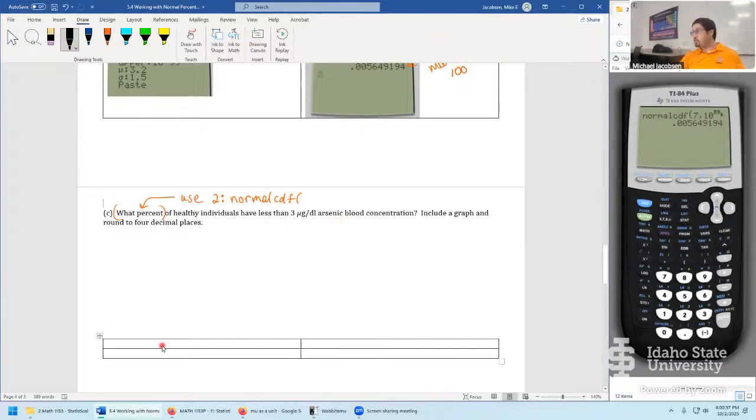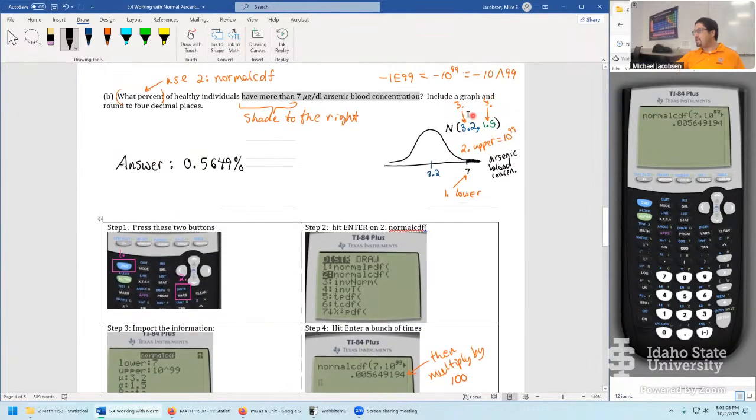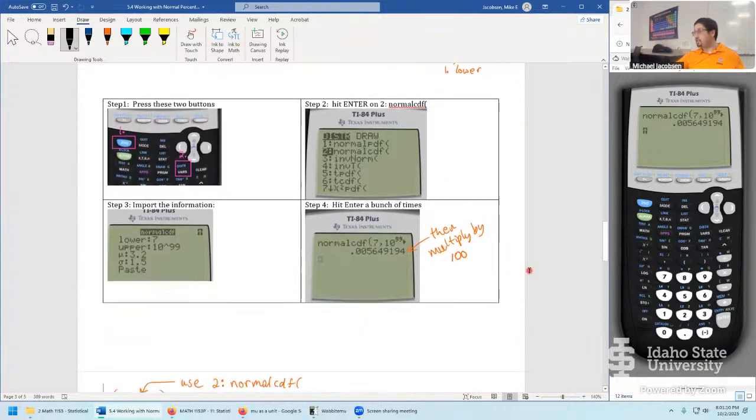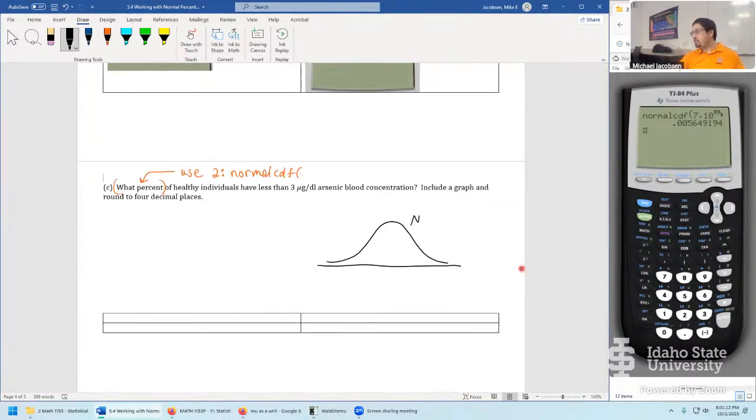So let's draw the graph for this one. Try to make it a little bit bigger this time so we can really see how things go together. I want to just copy in 3.2, 1.5. So this is the N(3.2, 1.5) distribution. So that's the mean, goes right here.